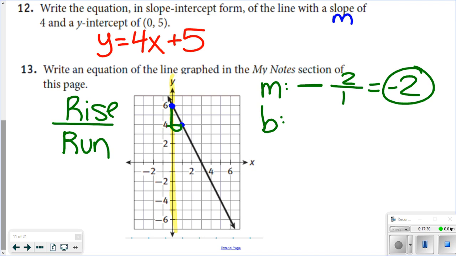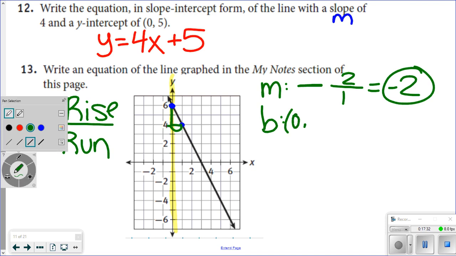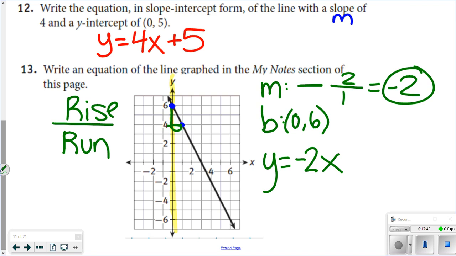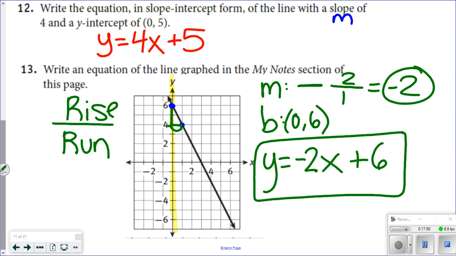So your y-intercept is at (0, 6). So now let's write it. y equals m, your slope, which is -2, x, don't forget the x, plus b, which is plus 6. So here's our final answer. Good job.